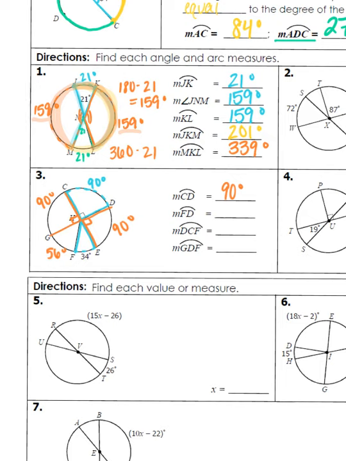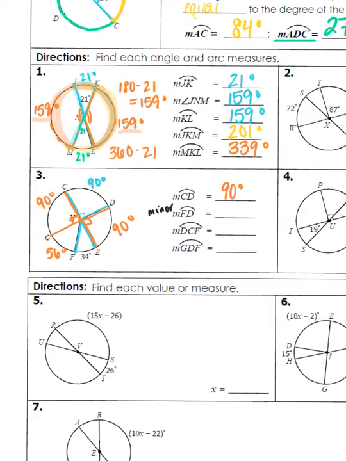Now, if it's only two letters, it's a minor arc. So this is where stuff can tend to get a little bit tricky. Let me erase a couple of things here so I can show you what I'm talking about. Okay. So they have two letters. That means this is a minor arc, all right? So if we look at this, we could follow F to D in two directions.